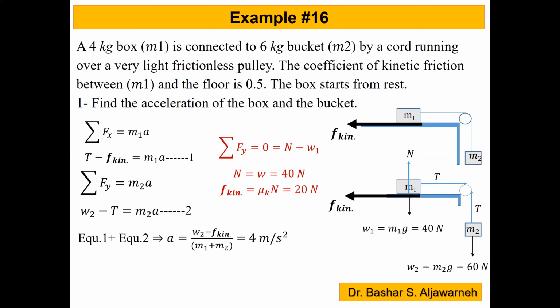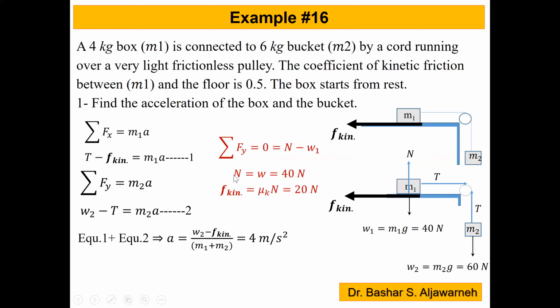Now, to find the acceleration, I have to have two equations of motion. The first one, using summation Fx equals m1a, has the tension in the same direction and the friction force in the opposite direction, so T minus F kinetic equals m1a. But the kinetic friction here is mu k times N. The normal force here is equal to W1.